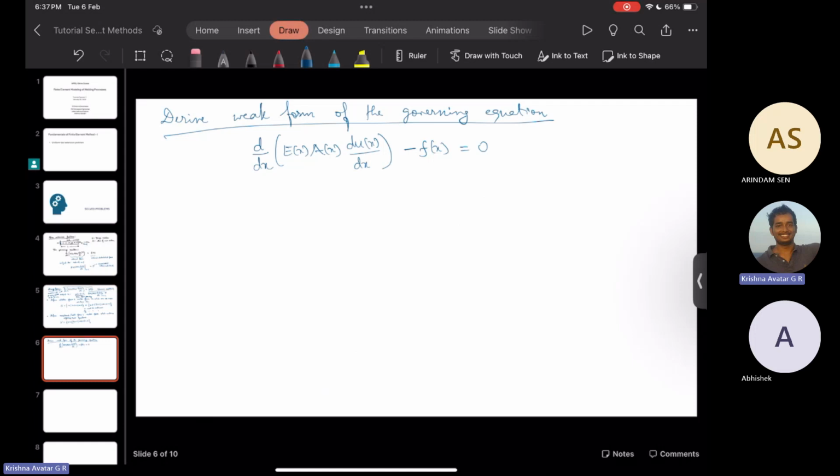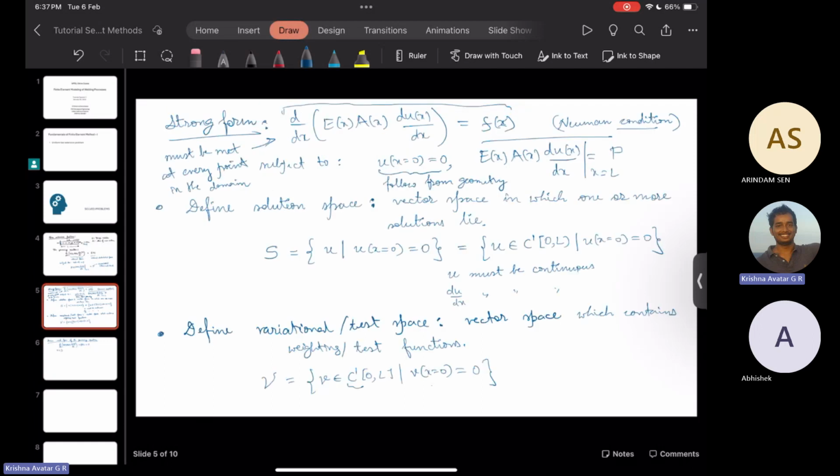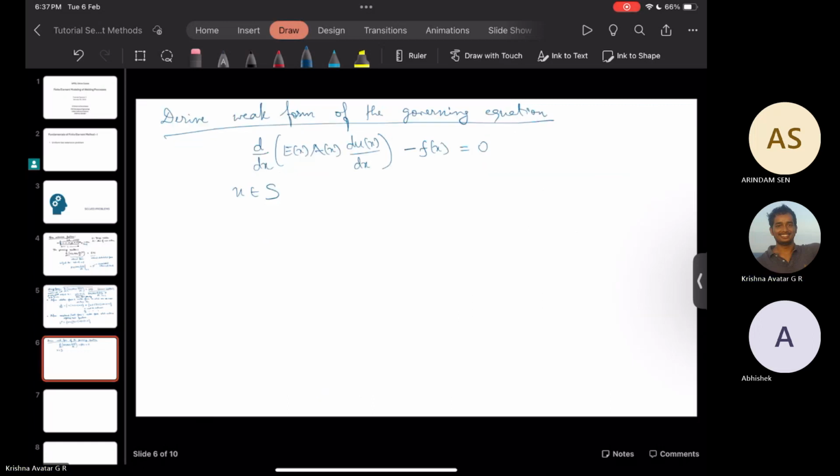Now, we know that u is an element of the solution space, because that's how I defined the solution space S. Let me call this S here, and let me call the other V. u is an element of the solution space S, and this needs to be determined.